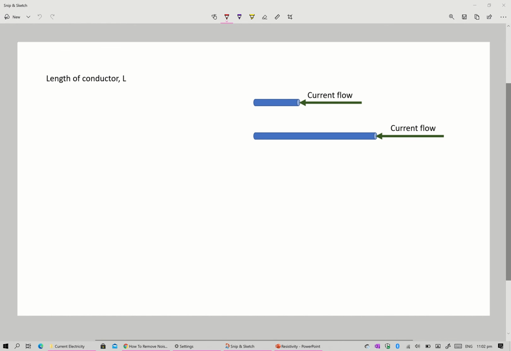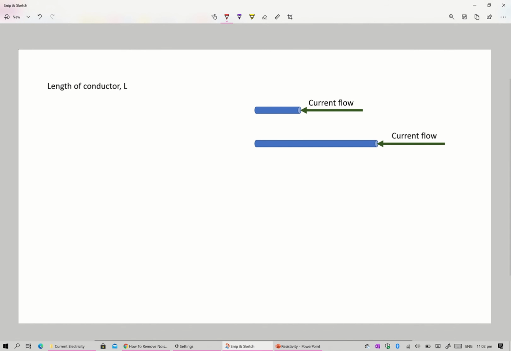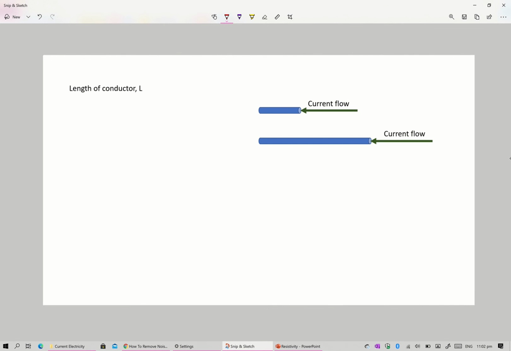For this image here, we're going to discuss how the length of the conductor affects the resistance of the conductor. If you look at the diagram on the right, this is a shorter length and this is a longer length. Let's go by this analogy.